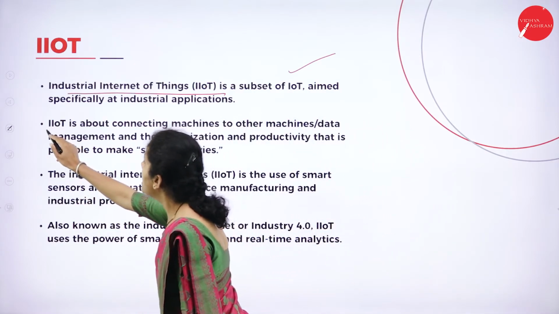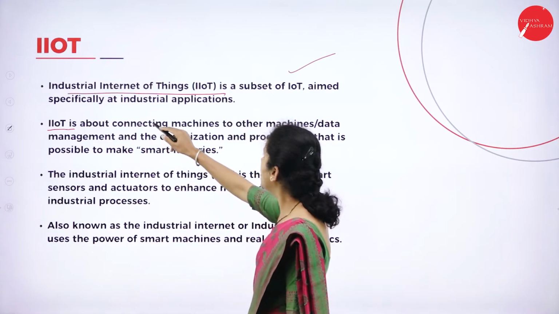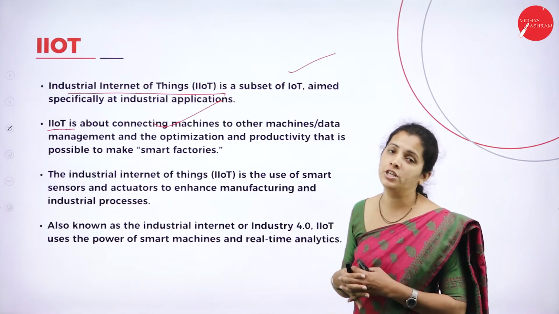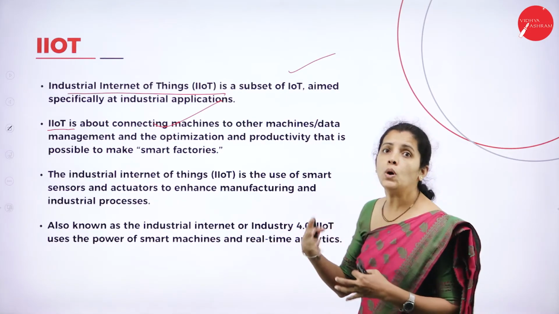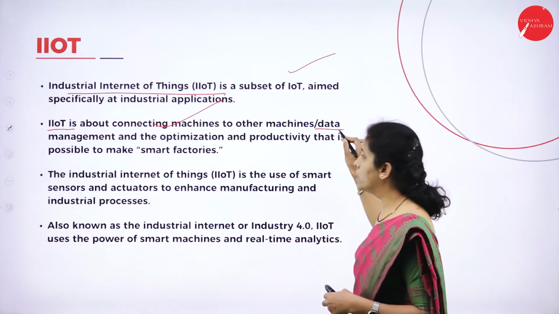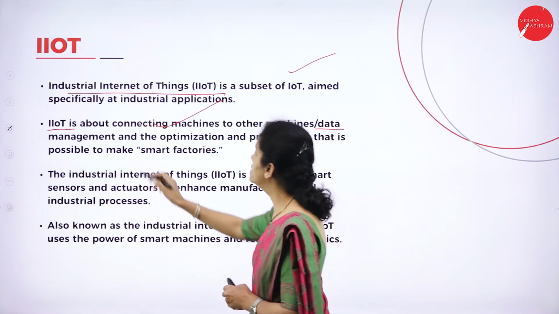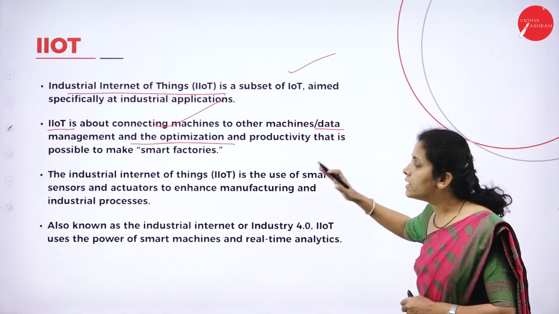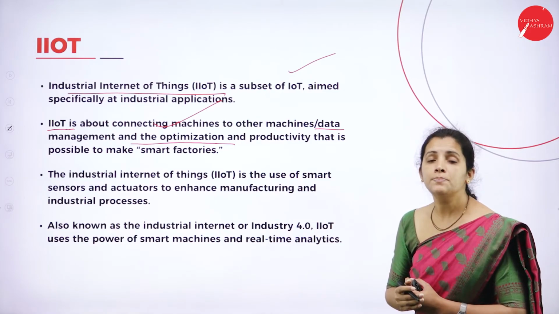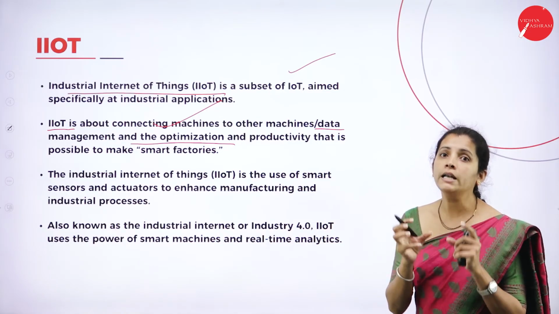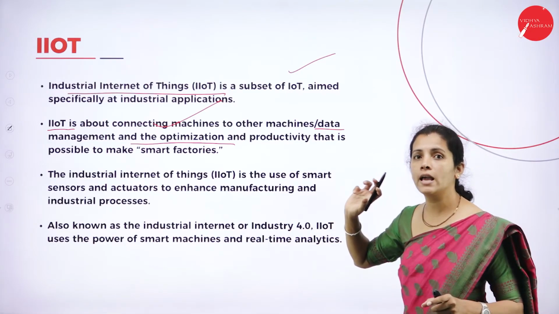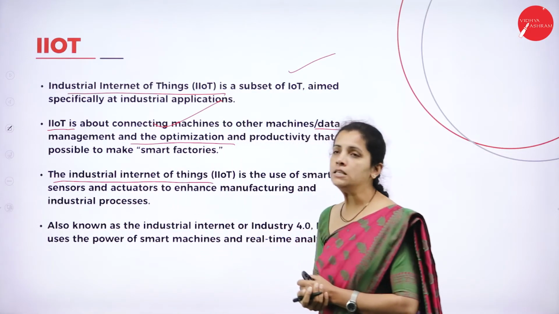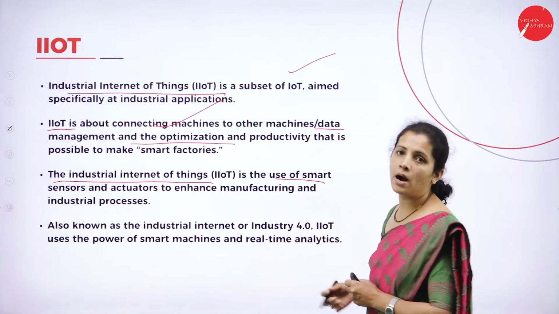So here IIoT is about connecting machines. That means how we can connect one machine to another machine using IoT, along with data management, optimization and productivity, and how we can make a smart factory or smart industry by using IIoT. So here the Industrial Internet of Things is the use of smart sensors.